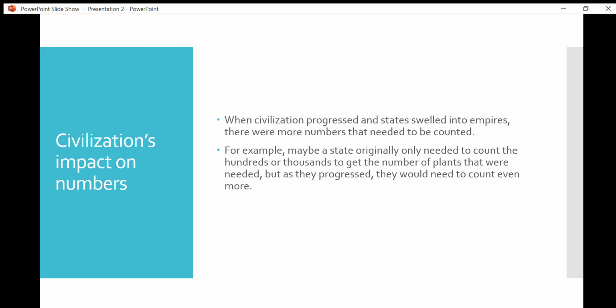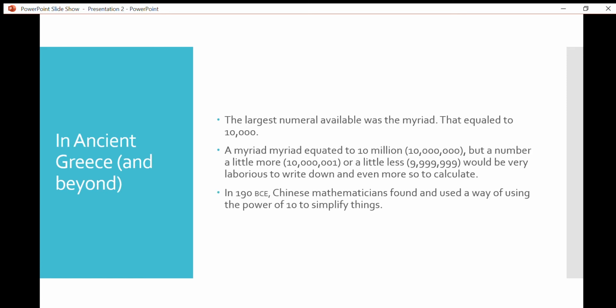as they progressed. In ancient Greece, the largest numeral available was the myriad. That equaled 10,000. 10,000 isn't a lot because now we are using numbers such as millions, billions, trillions, quadrillions.